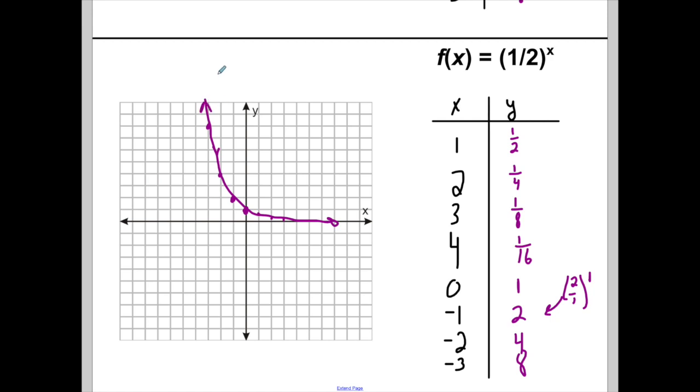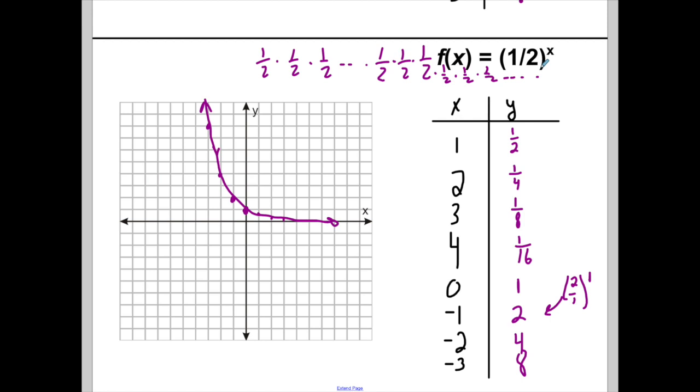Okay, instead of always being increasing, this is always decreasing. It does have the same domain and range. You can plug anything you want in, and the y values are always greater than 0, because you're always multiplying by a half, right? When you multiply by a half, you can multiply as many times as you want, but because you're always multiplying by 1 on the top, you can multiply forever, and it will always be a number that is greater than 0.